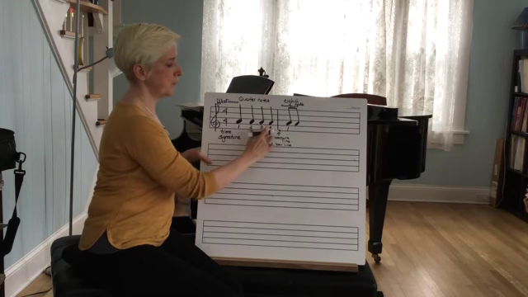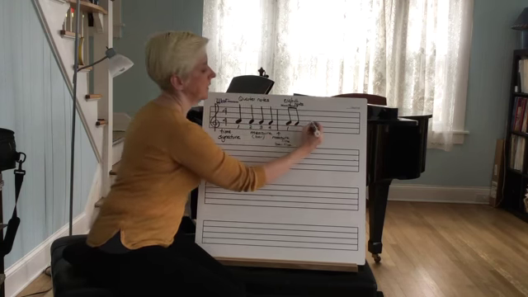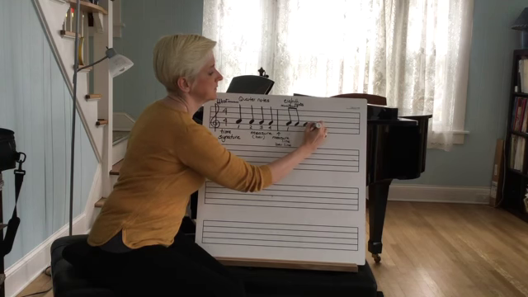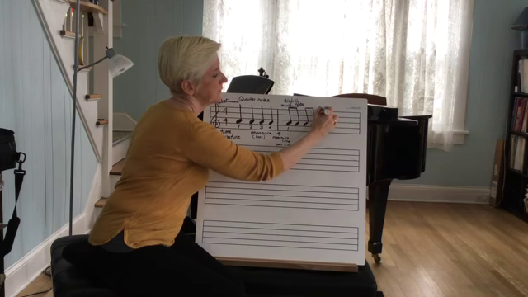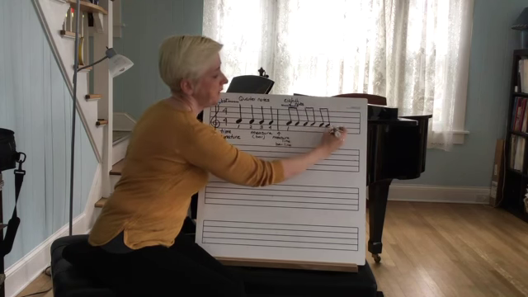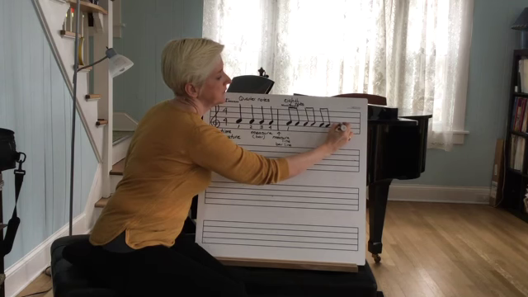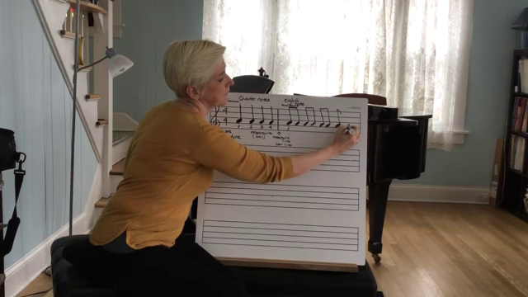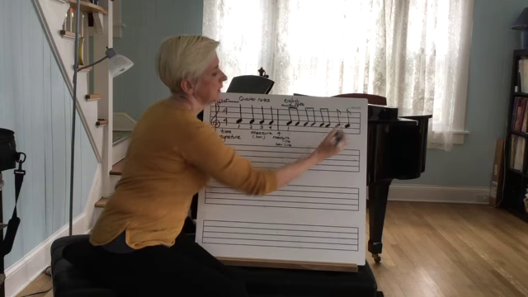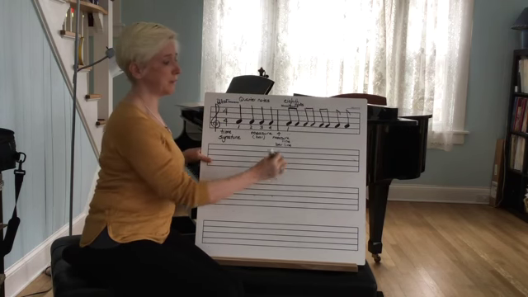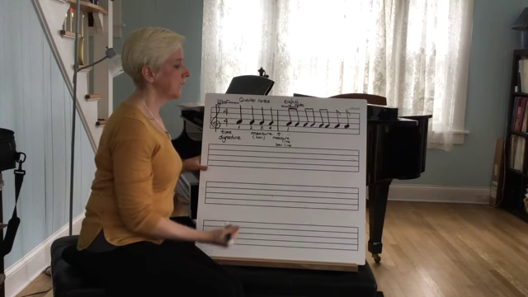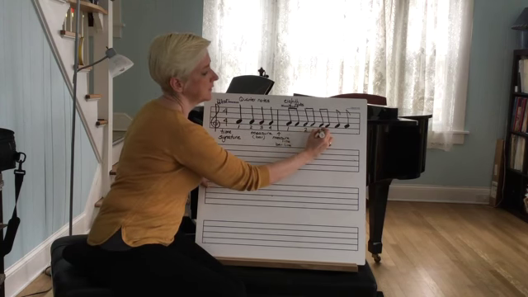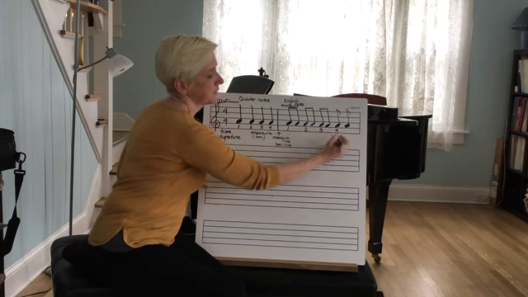So to have 4 beats of eighth notes, I'm going to need 8. I can draw these individually, so then the beam becomes a flag, but it's common practice that when we have more than one eighth note, they are beamed together. So I still have 4 beats, even though I have 8 notes.